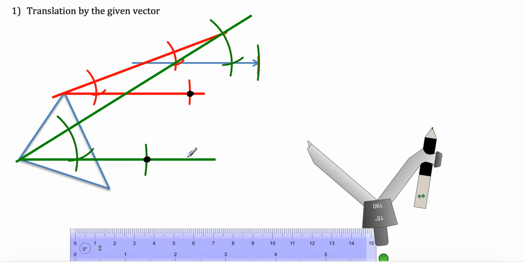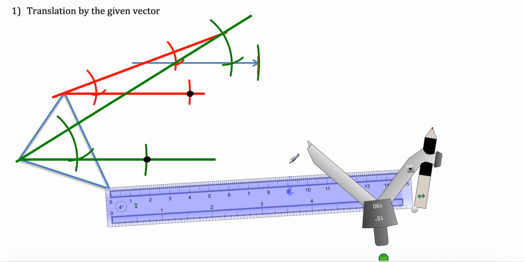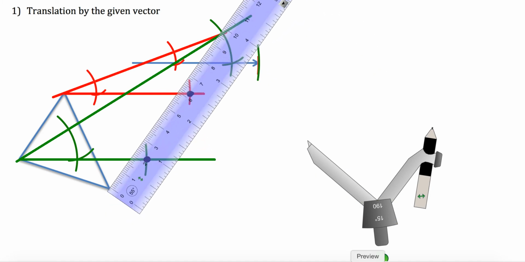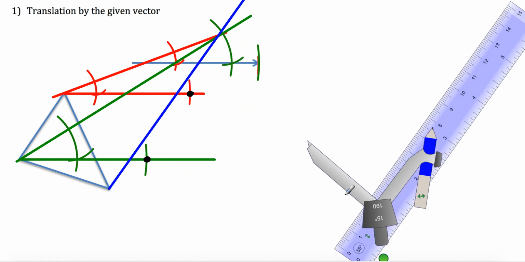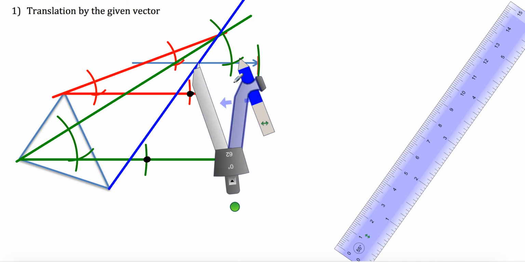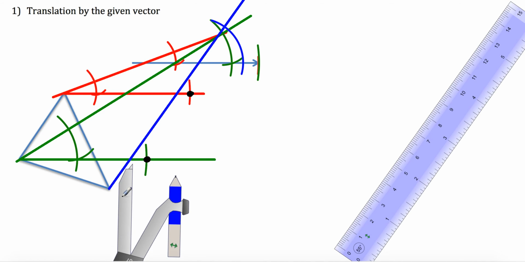Now, let's go for the third point. We can do the same thing as well here from this particular point. Of course, there are many different ways of getting the answer. I get that, but for now, we're just going to use this method. Now I'm going to use the blue, drawing a parallel line by copying the angles here.